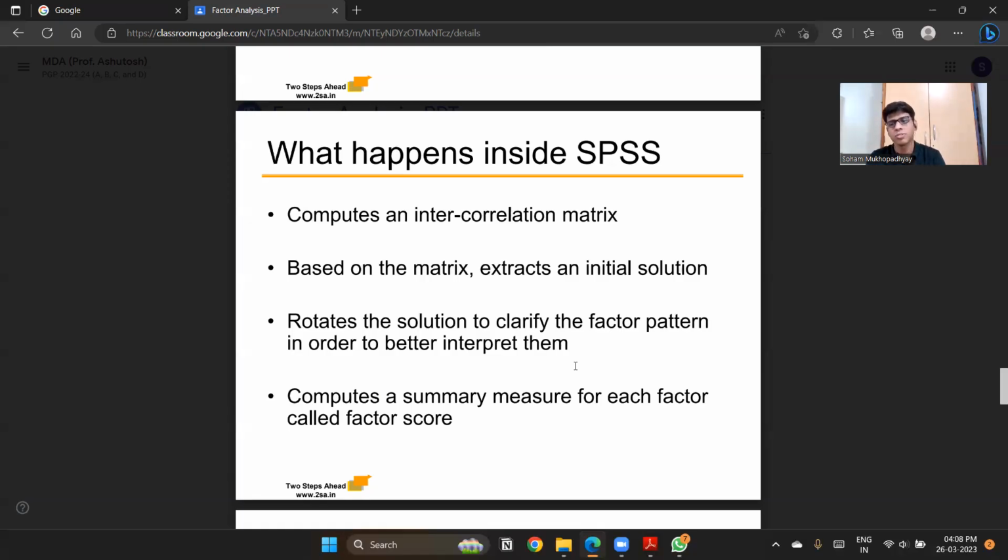So variables which are very highly correlated, their factor loadings will increase, and the ones which are not correlated, they'll decrease a lot. So if, say, one is 5.5 and the other one is 4.8, by rotating the variables, 5.5 might become 7 and 4.8 might become 2. So now it's easier for you to understand which variable is correlating more with which factor.